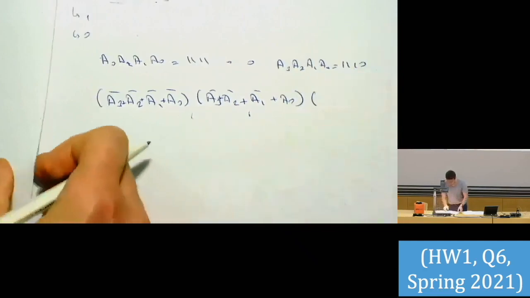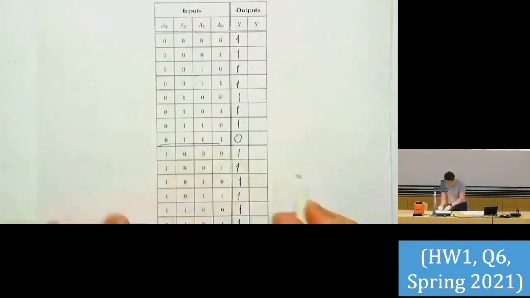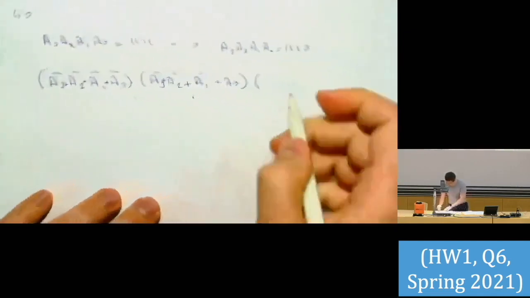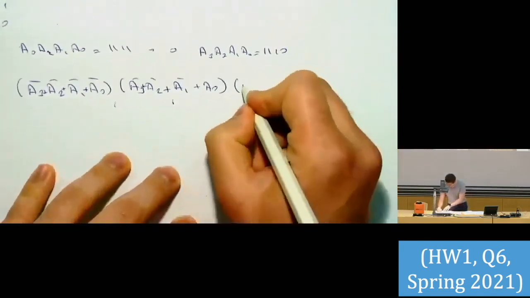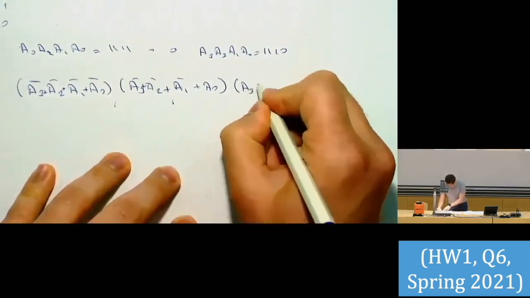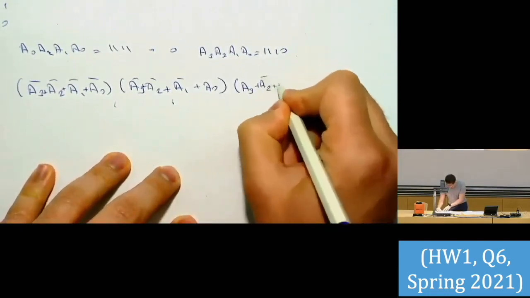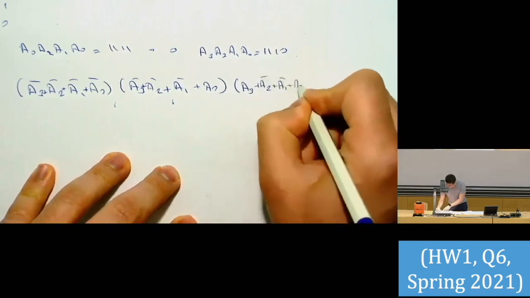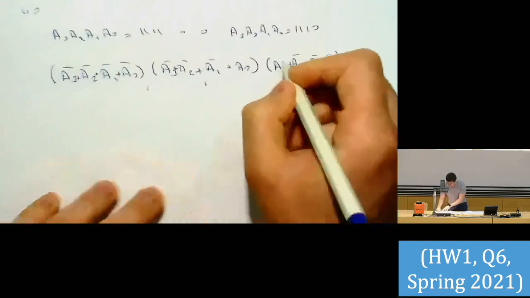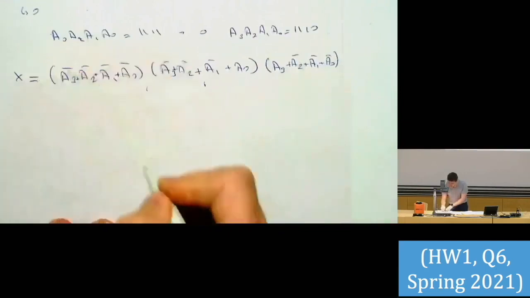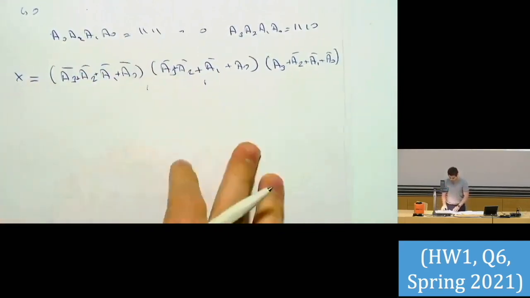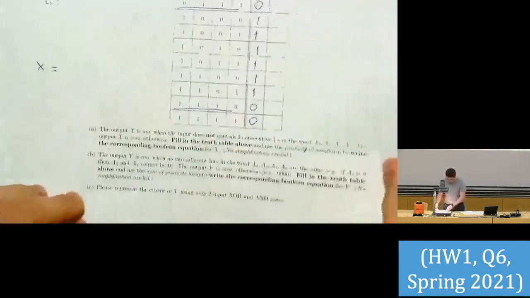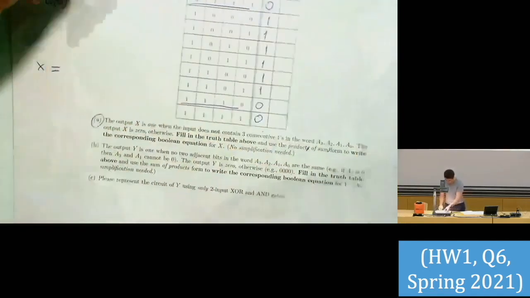And the last one is basically that one, so I'm going to directly write it. Hopefully you understood the logic here. So it will be A3, A2 not, A1 not, and A0 not. Those are ANDed, and this is X, and this X will be 0 if one of these terms is 0. So this is the solution for A.